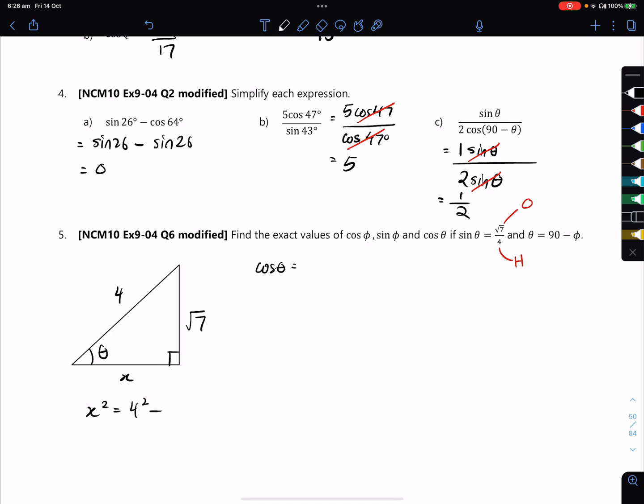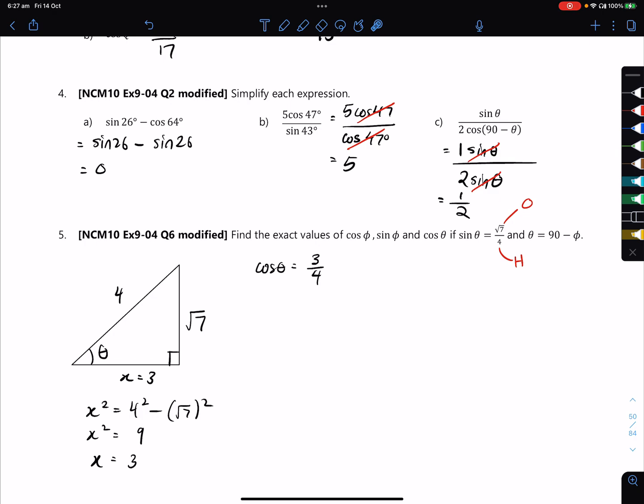That will be 4 squared minus root 7 squared, which is 16 minus 7, and that's 9. So that means x equals 3 once you take the square root of it. So since x equals 3, and that's our adjacent edge, we write that over its hypotenuse. So it's 3 over 4.